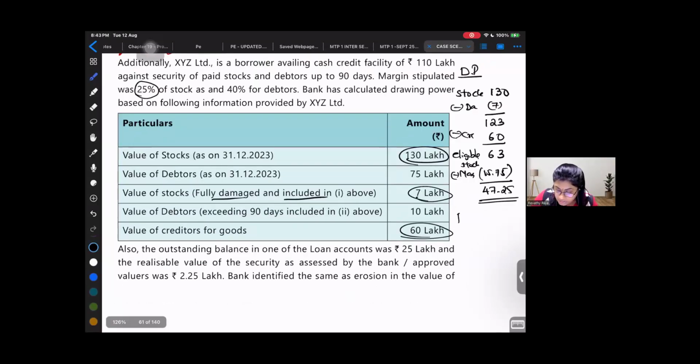Now come to debtors. Debtors is 75, minus old debtors 10. So eligible debtors is 65.